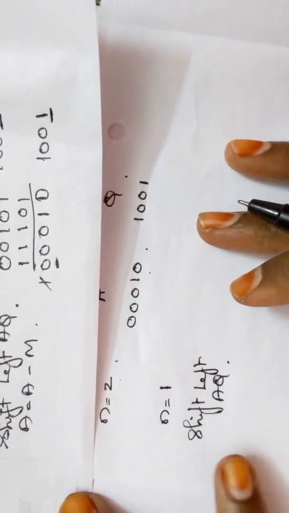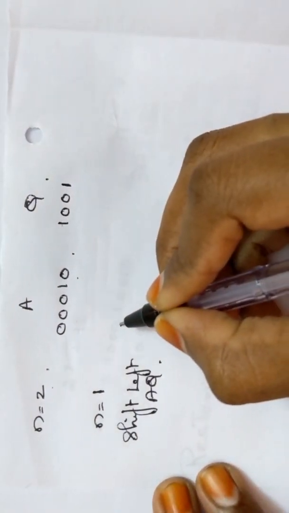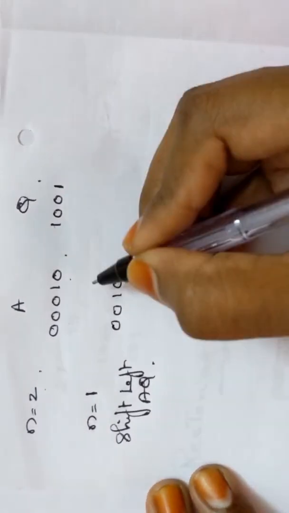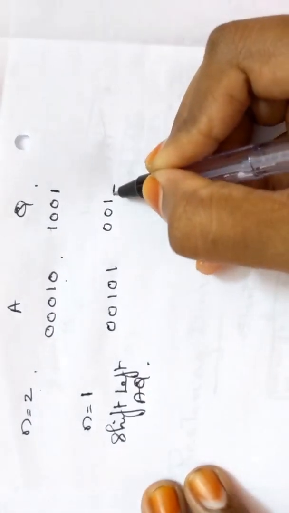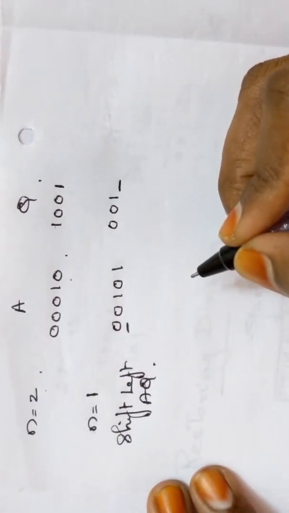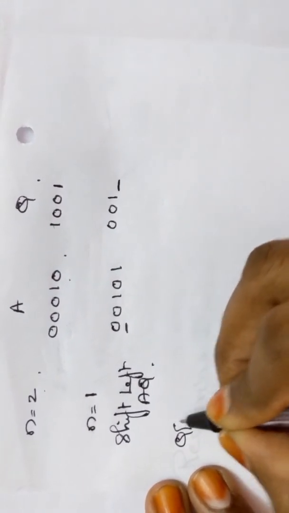While performing the shift operation, what is the result you will be getting? 0, 0, 1, 0. 1 will be coming here, 1. Remaining 0, 0, 1. This bit will be left as unfilled. Now the bit is 0. So what you have to do? You have to set the Q0 bit as 1.